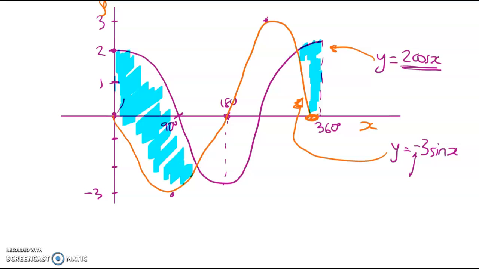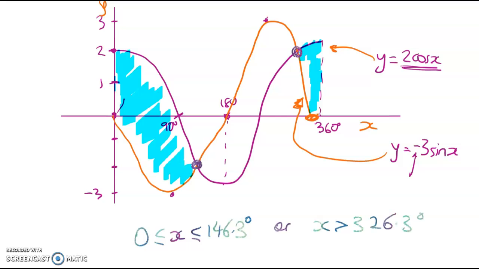So the answer here is from the graph, and knowing what the values of these points are, it's going to be when x is between 0 and 146.3 degrees, and when x is greater than 326.3 degrees. Now, I was asked for when it's strictly greater than, so I'm just going to tweak that, and that should be here. It should be a strict inequality there.